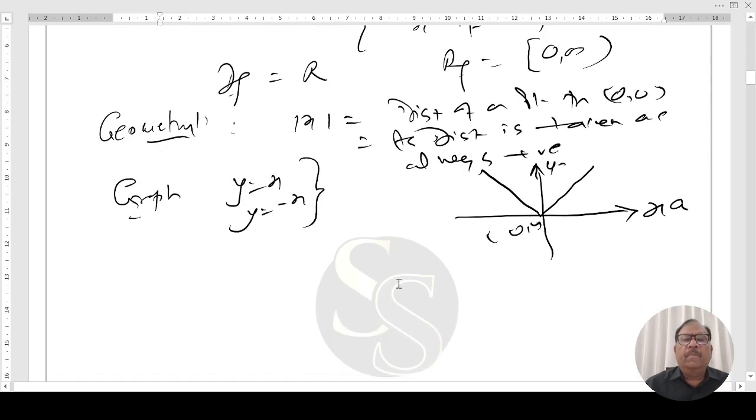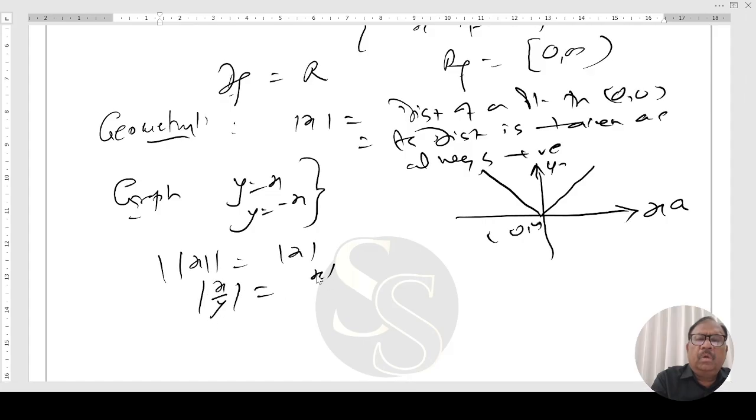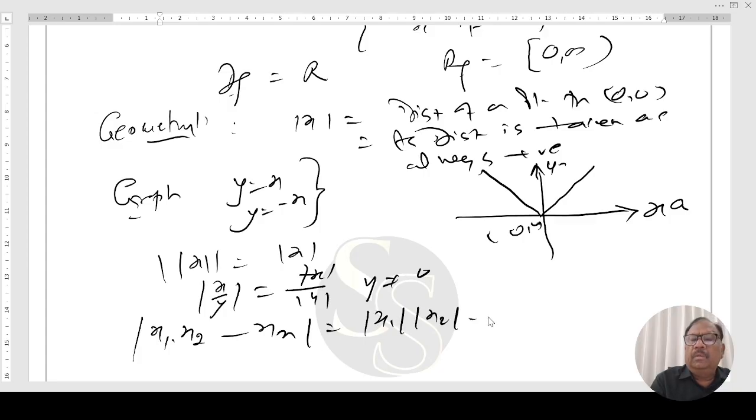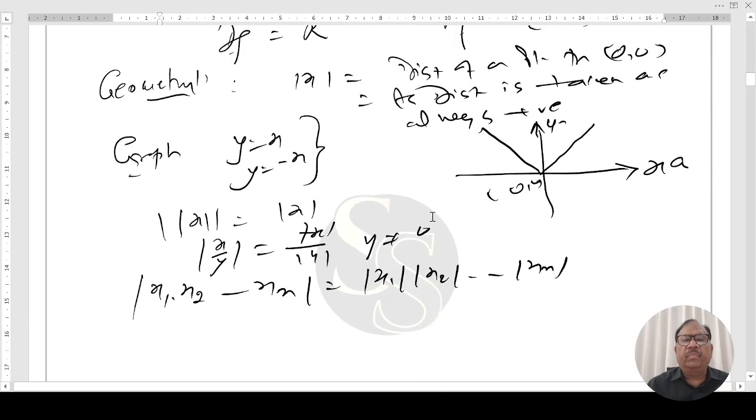Next, certain properties. Mod of x upon y equals mod x upon mod y, where y should not be equal to 0. For a product x1 x2, we can take mod individually. For x to the power n, we can take mod x to the power n.